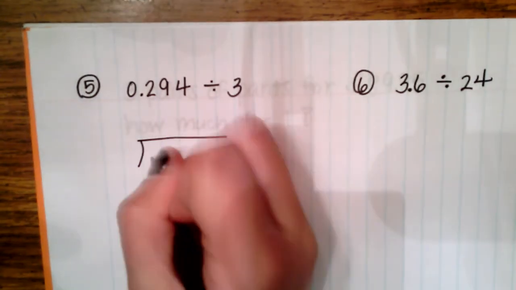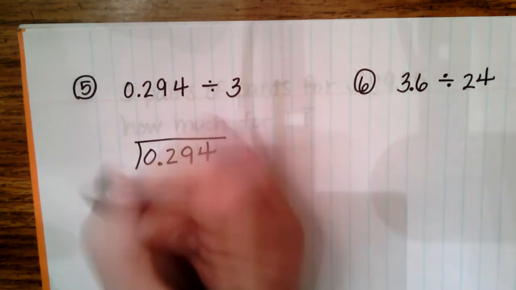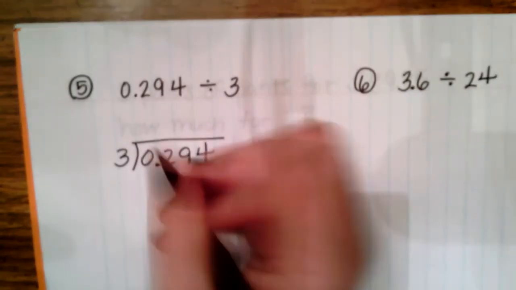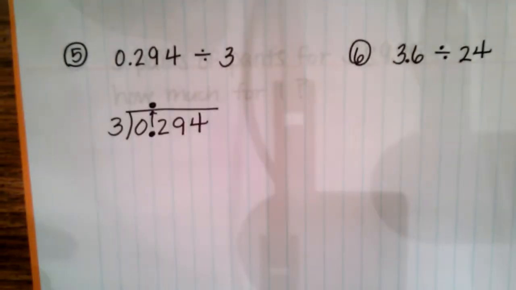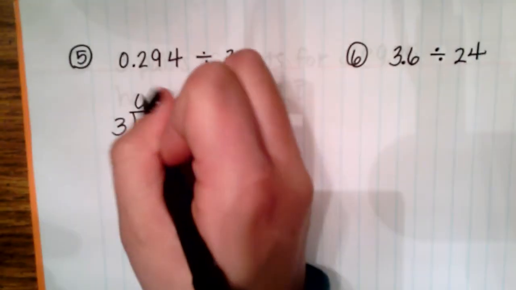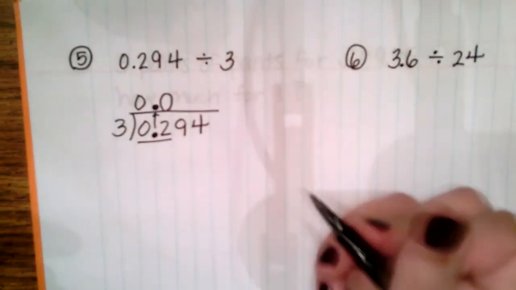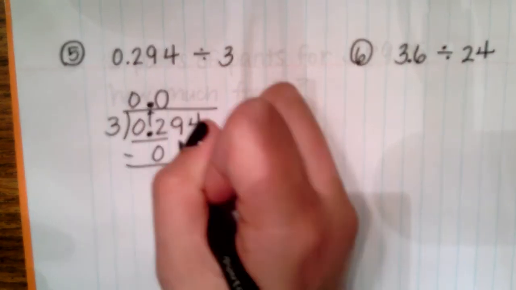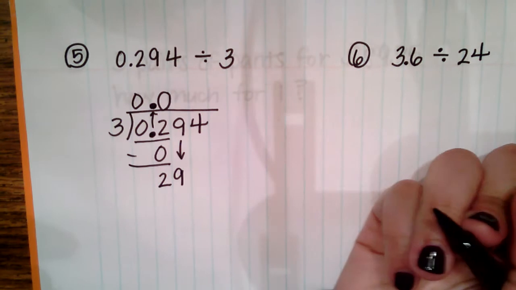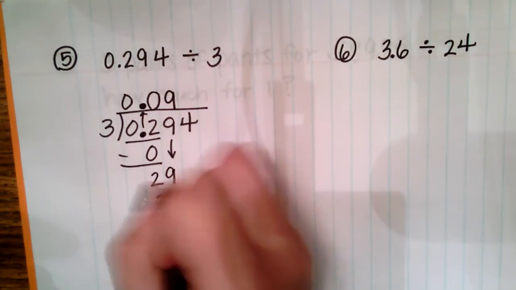So this one is long division. I have 294 thousandths divided by 3. No decimals in my divisor, but in my dividend, I have a decimal. 3 goes into 0 0 times. 3 goes into 2 0 times. 3 goes into 29 9 times, 27.